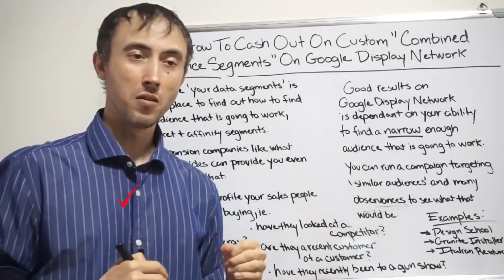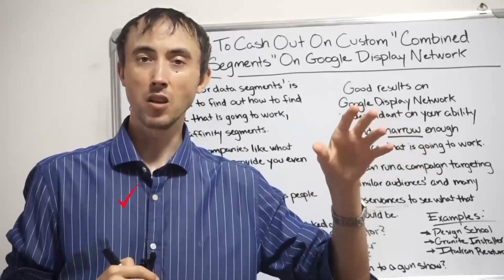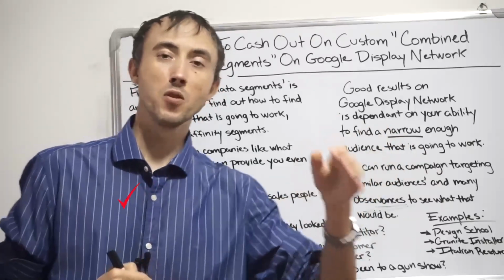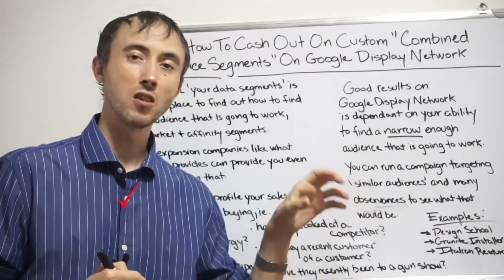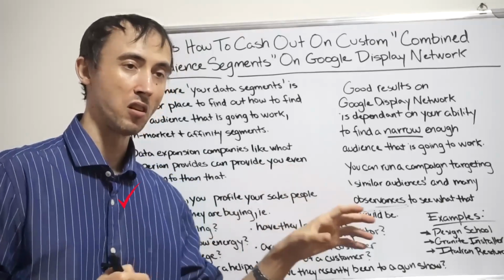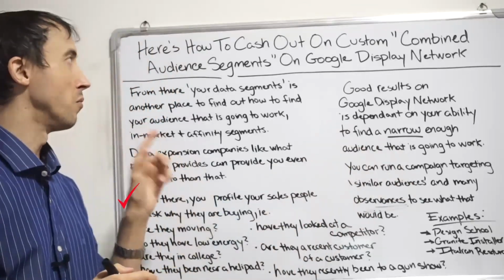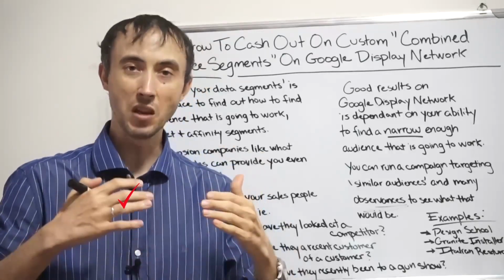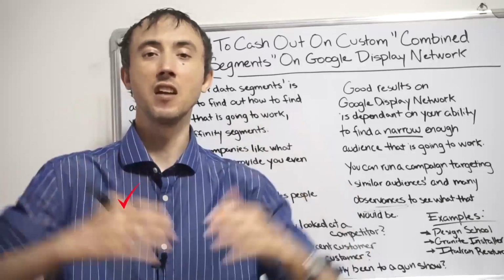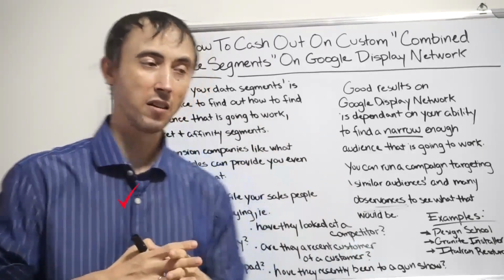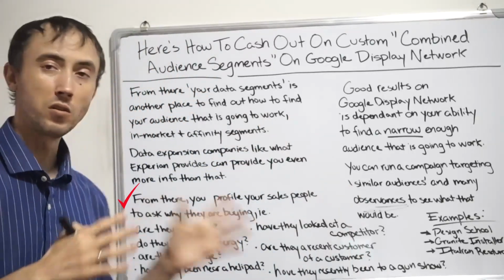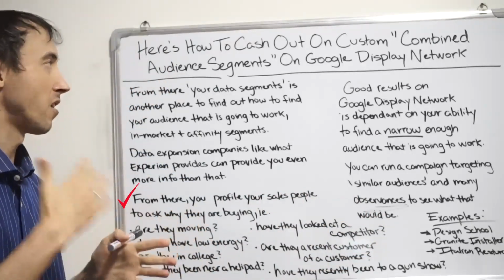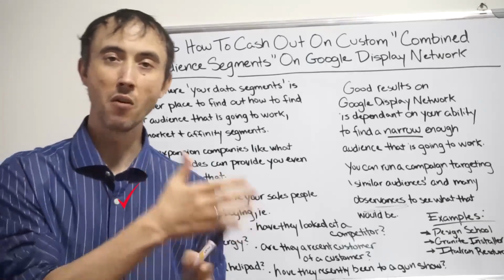So not just if they're searching for that competitor that sells products that compete with our client's product, but if they're searching for those individual products, I will make sure that they're on a targeted list that we can use to target that person either directly or through a combined audience segment itself, to try to build up an audience segment that's going to be statistically significant enough to be productive for our brand. So that might be one way that you do this. One component in a combined audience segment that you use to power a display campaign.